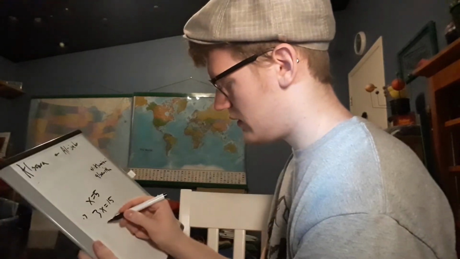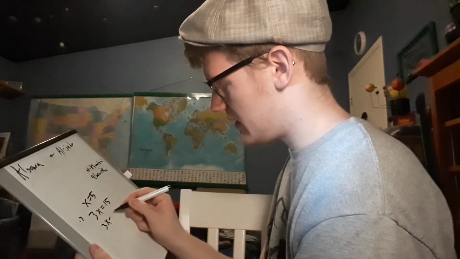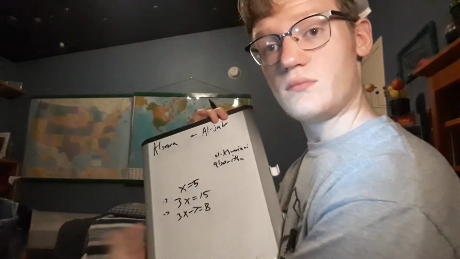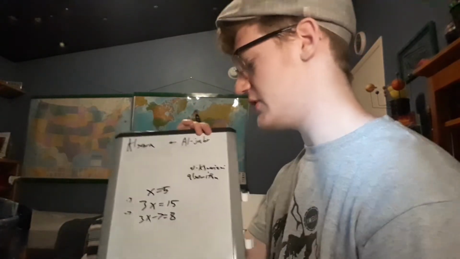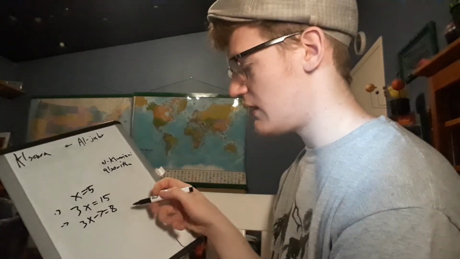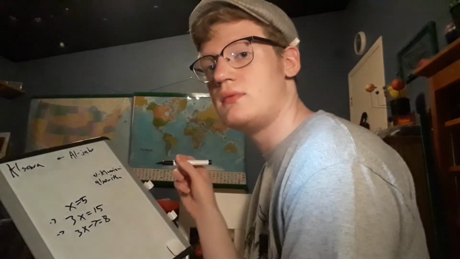Now let's take away 7. Okay, so 3x minus 7 is 8. That's looking like a pretty good equation. Now, we could start with this and then try to work our way backwards.